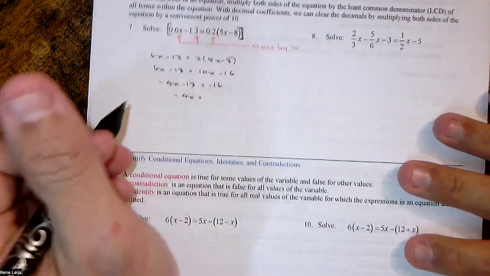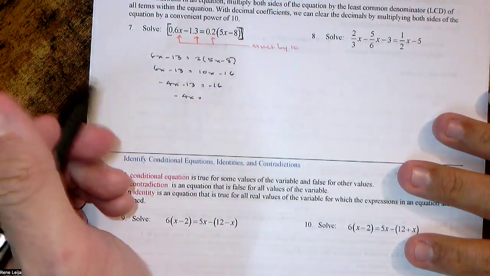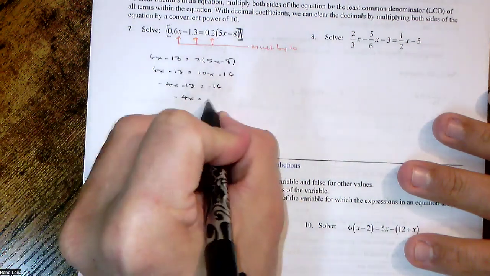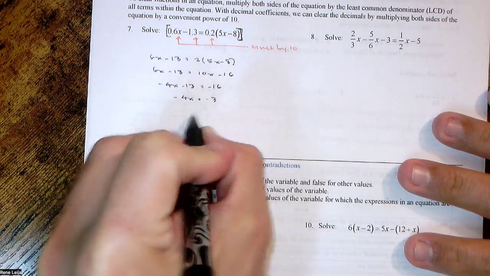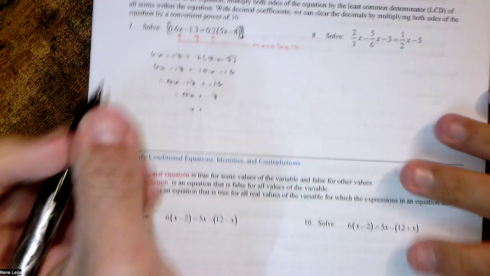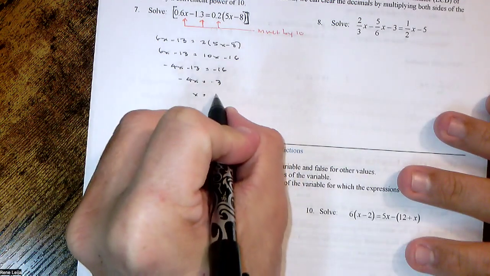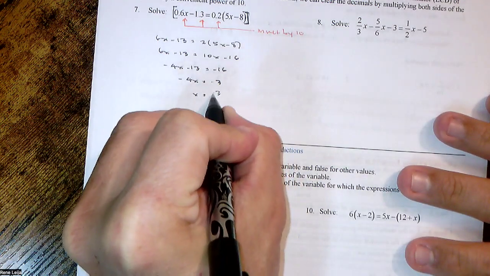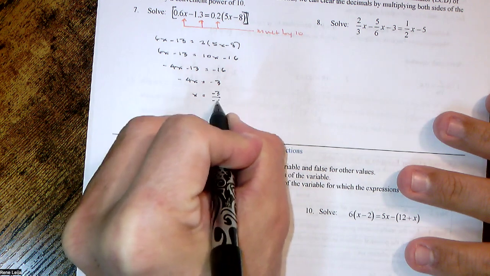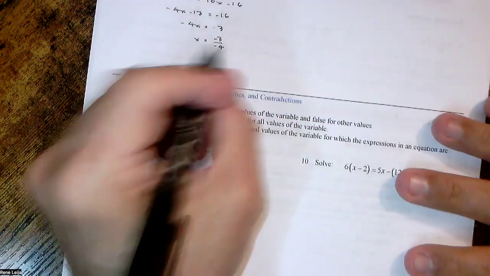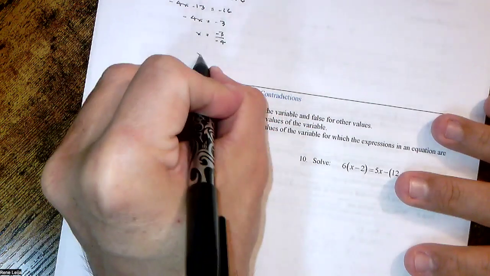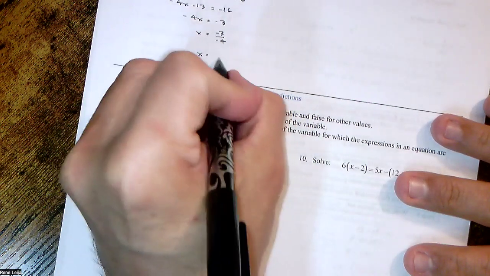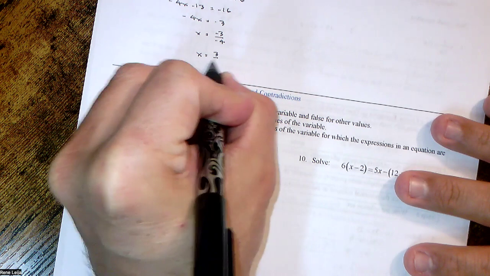Sometimes we get nice answers, sometimes we don't. So I'm going to add 13, which gives me negative 3. Then I'm going to divide both sides by a negative 4. So negative 3 divided by a negative 4. Negative divided by a negative is a positive.